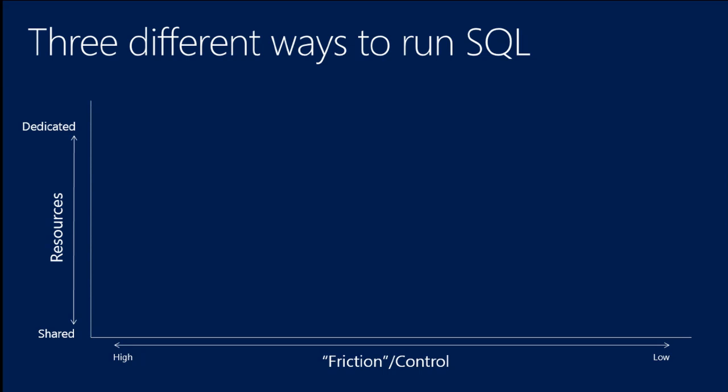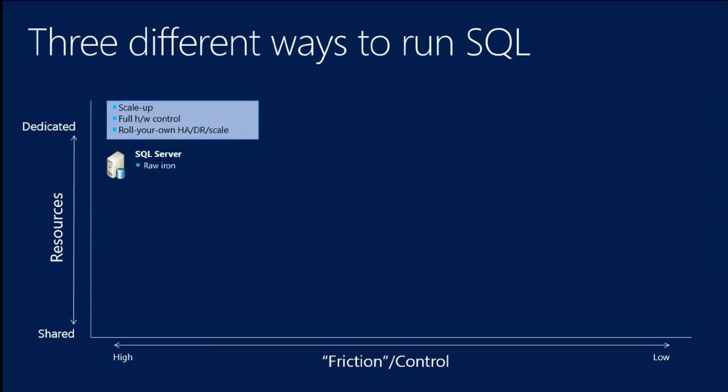All right. So today, at what we offer, we essentially have three ways to run SQL Server. Depending on which one you choose, you get either shared resources or dedicated resources, high control or low control. The first one that probably most of the people at some point came across is SQL Server as a standalone installation in your own data centers, where you control the hardware.